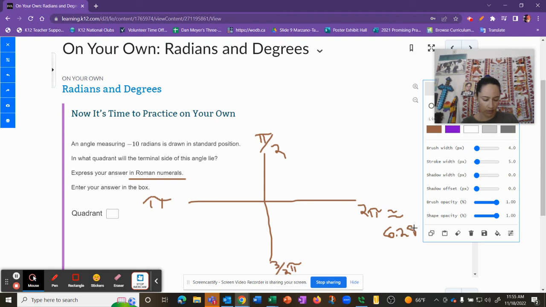Second pi divided by 2, approximately 1.57. This is approximately 3.14. And then this is approximately 4.71. Now we're looking for negative 10.